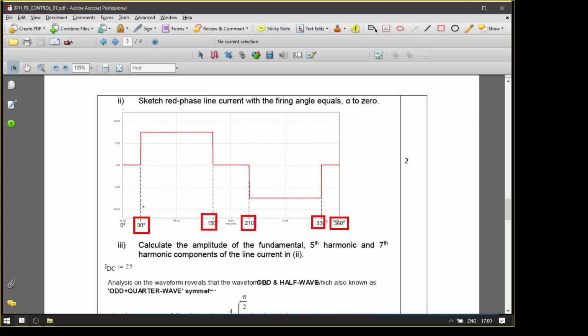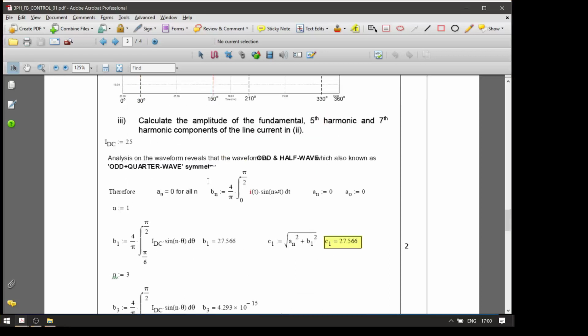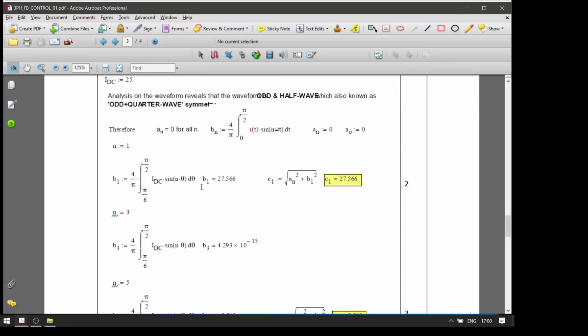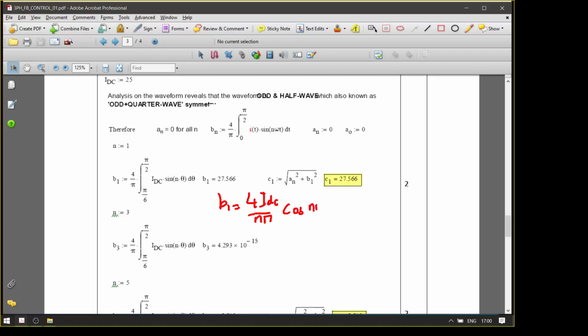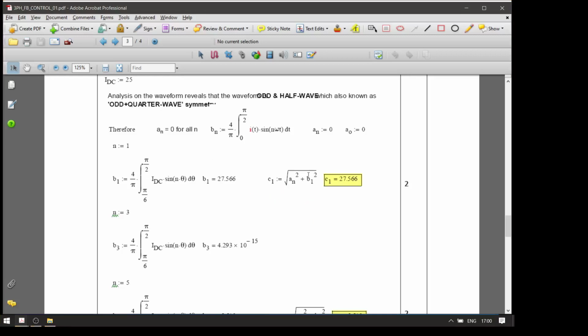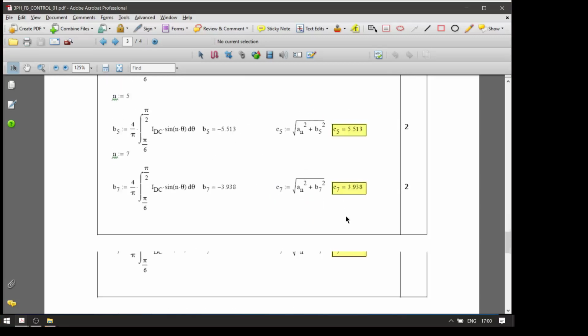If you look at this solution, it uses MathCAD again, but you can still use B1 equals 4 IDC over n pi cos n pi over 6. It will give you the same answer. You can still use that cos n pi over 6 to get the answer. Just that, you get C1, C5, and C7.